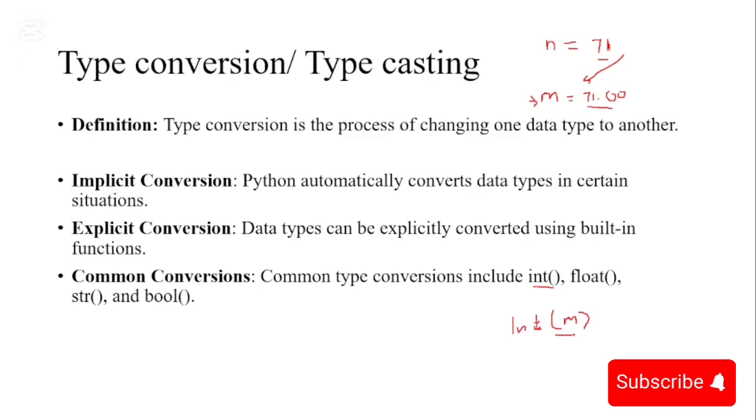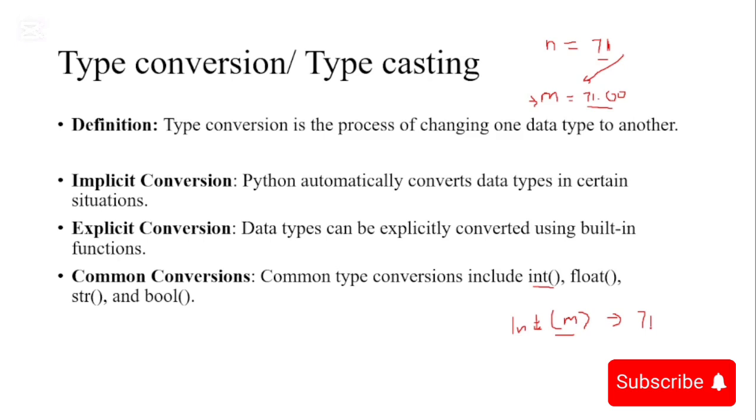Here I will convert this float into an integer, so I will get 71. That is int conversion. You can use the int function to convert values from other types to integer.